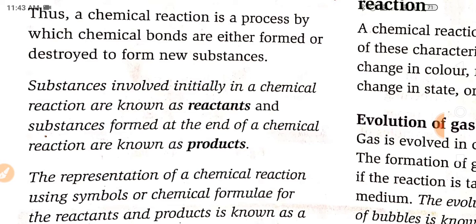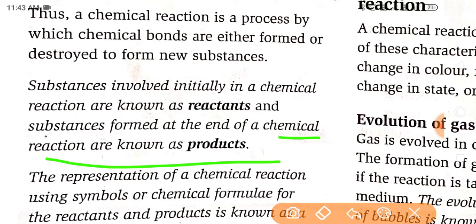As we know, every substance is held by chemical bonds. If we break down these bonds, then new substances will be formed. Substances involved initially in a chemical reaction are known as reactants, and substances formed at the end of a chemical reaction are known as products.